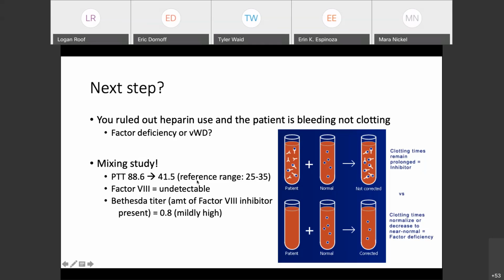And I think they did that in him because, again, it corrected kind of close to where we wanted, but maybe not to the extent we were hoping for. And so there is a mild inhibitor present, but probably not of any clinical significance.